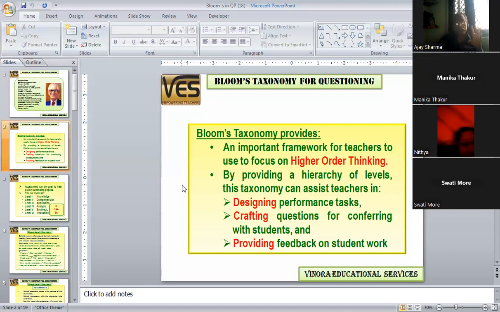Next, after designing, meaning which chapters you will be using in the first term. Then go a little bit further, crafting questions. That is the skill I will be letting you know today. And then providing feedback on student work, that is assessment. Assessment वाला हम webinar कल करेंगे.